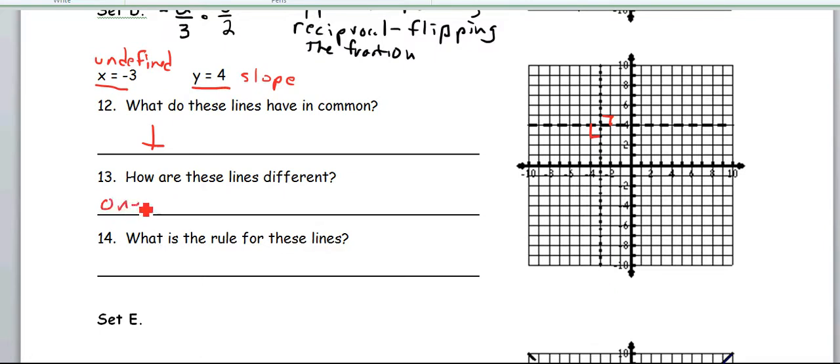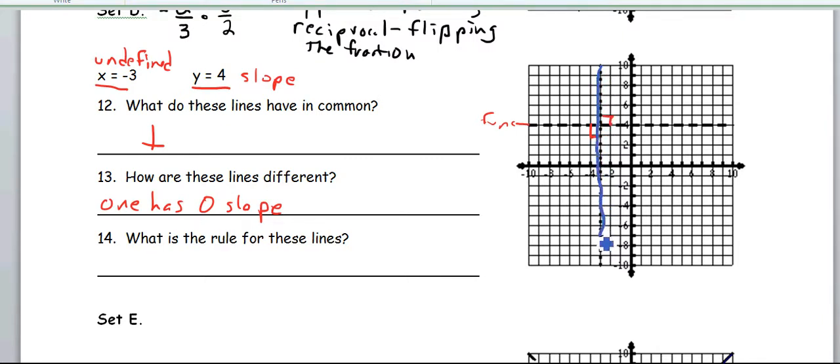So, one has 0 slope. That's the y equals that goes like this. That is a function. The other one is not a function at all.